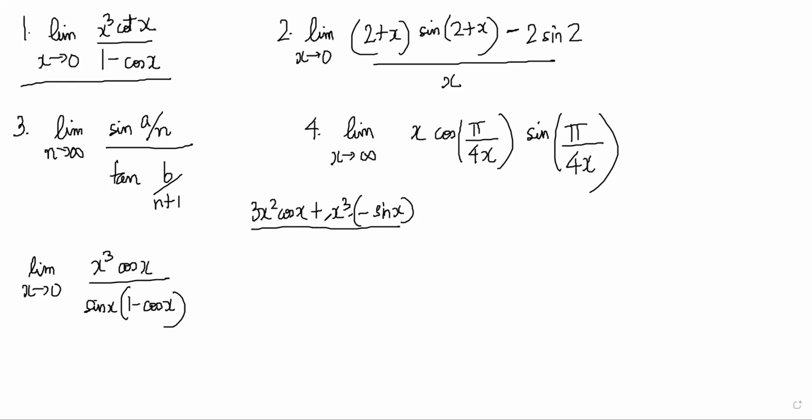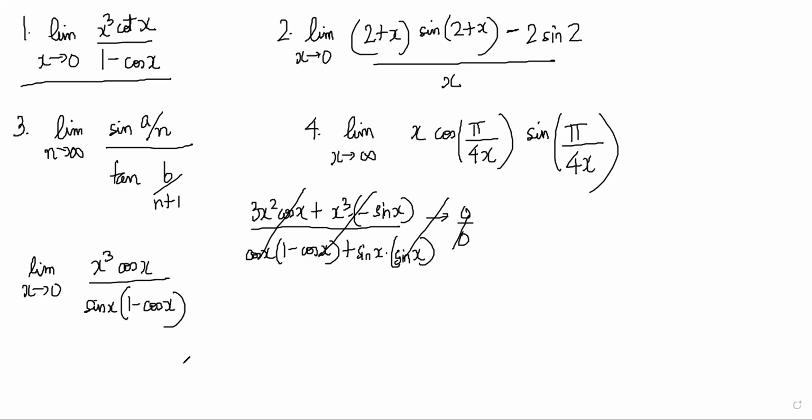So the numerator is tending to 0, and the denominator derivative is cos x into (1 minus cos x) plus sine x into the derivative of this, which is sine x. So this is also tending to 0. See, one more time I'll have to differentiate, because it is still 0 by 0. So it is annoying and you can make mistakes here. So don't do this.